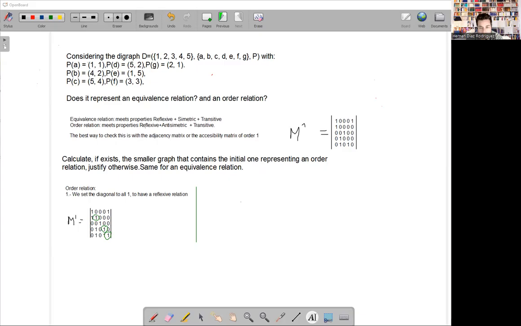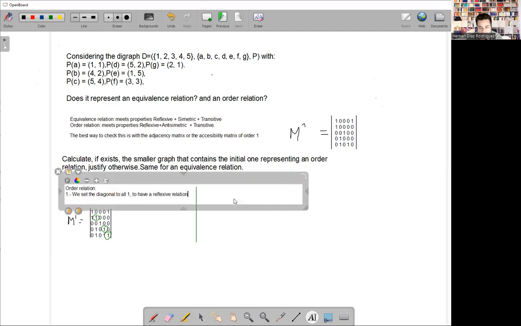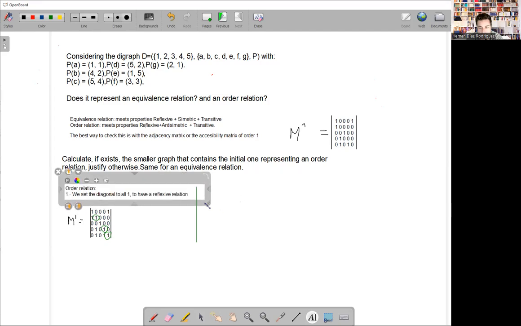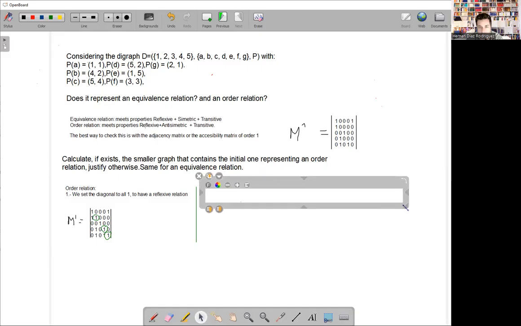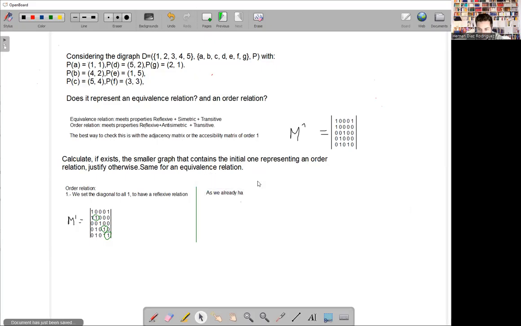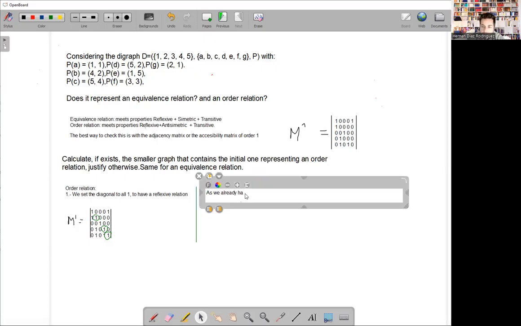So we need to work on the transitive one, right? Let's write it here. We already have the anti-symmetric relation.